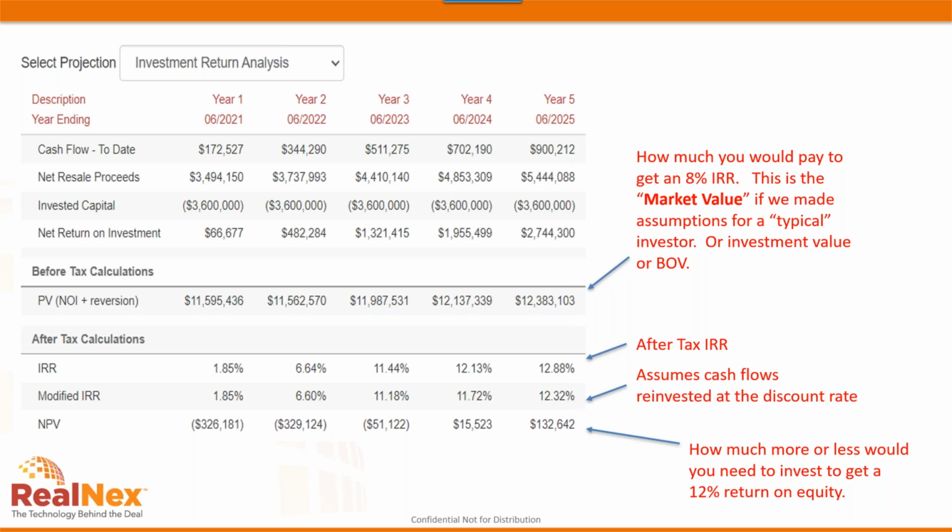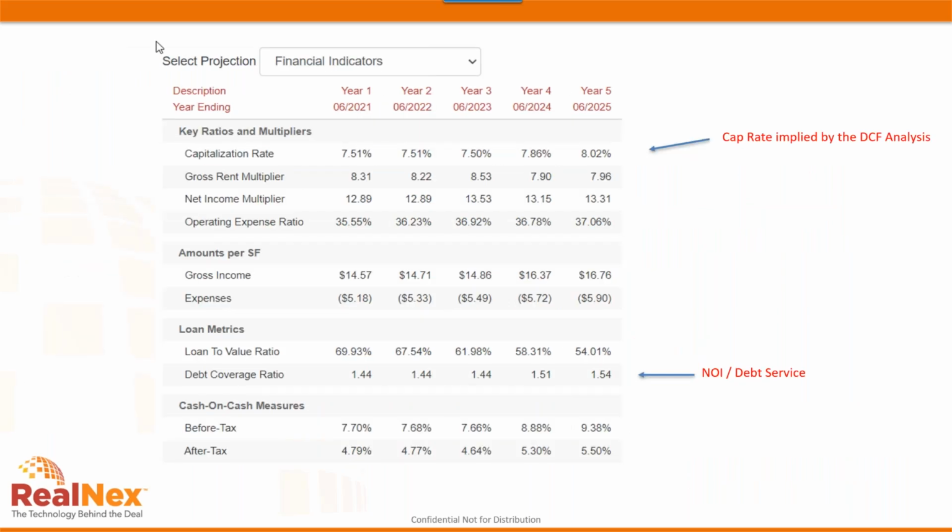And then a net present value is how much is left over if we can buy it at 12 million purchase price. What's left over on an after-tax basis. Some financial indications like your cap rate, gross rent multipliers, net income multiplier, different expense ratios and so forth. Your debt coverage ratio, which the lender is going to take a look at.